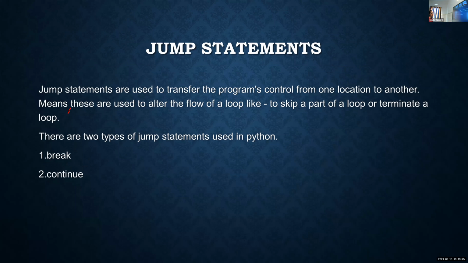If you want to terminate a loop or skip a part of a loop, you use a jump statement. The meaning of the word itself: jump from one location to another location. There are mainly two types of jump statement, break and continue.